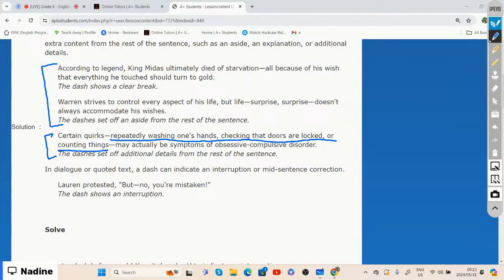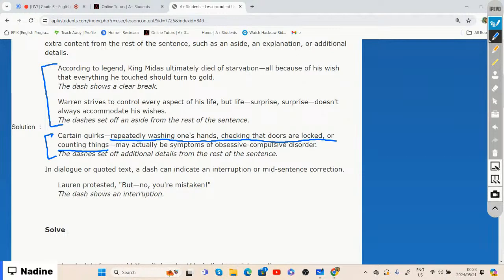So we are now separating this, and I'm going to reread the sentence. They're saying certain quirks. Now they are making mention of the quirks, giving us examples of the certain quirks, like repeatedly washing your hands, checking that the doors are locked, or counting things, may actually be symptoms of obsessive compulsive disorder.